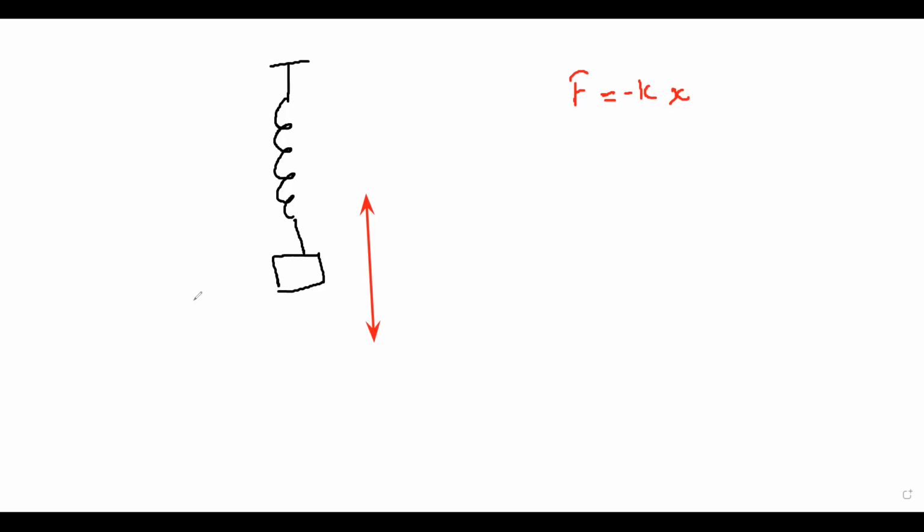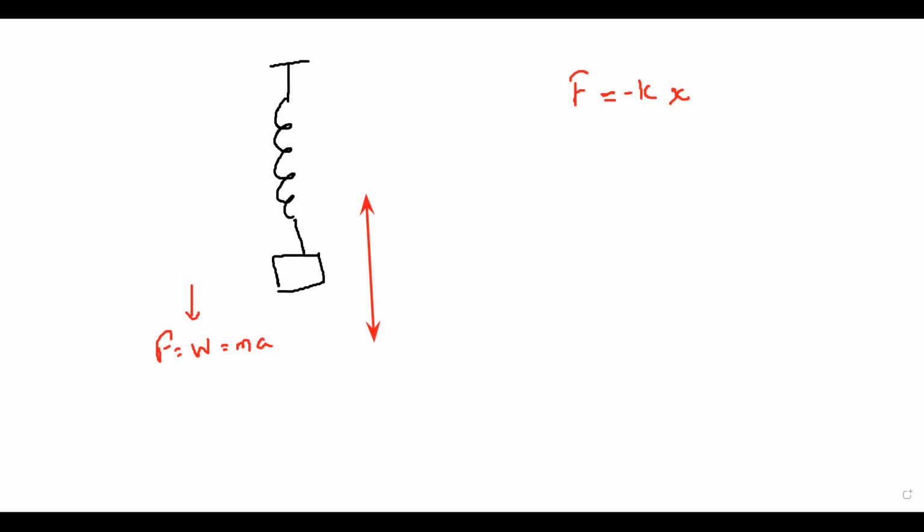And we know the force which is applied on the spring, F is equal to weight, or we can say mg, or F is equal to ma, where a will be equal to acceleration due to gravity when the object is moving in a vertical plane.